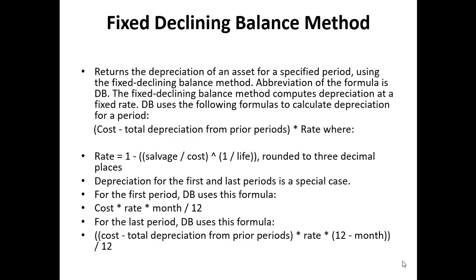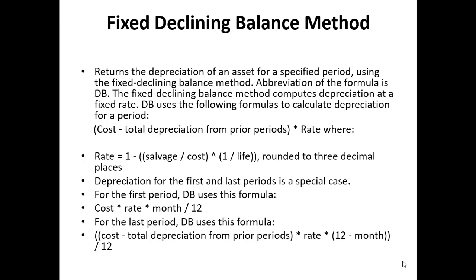So here we use an abbreviation, as in the case of the straight line method. Here we have the abbreviation, that is DB. The fixed declining balance method computes the depreciation at a fixed rate, and that's why we call it the fixed declining balance method.